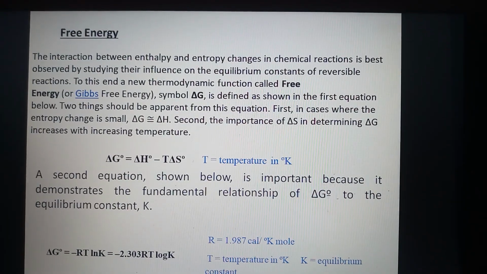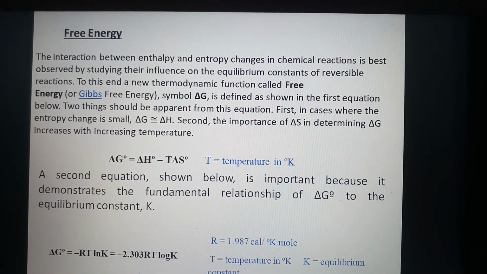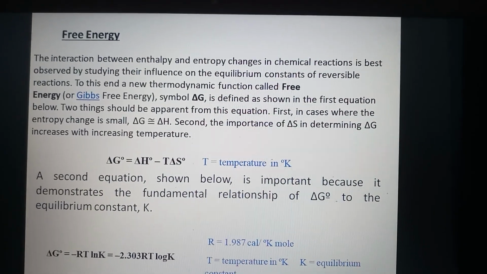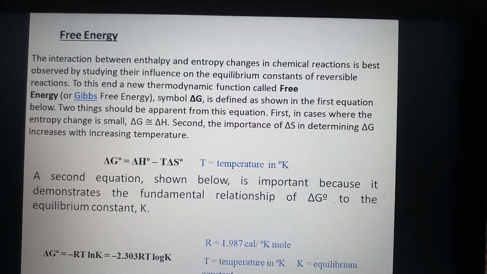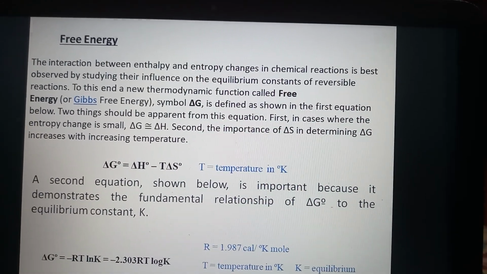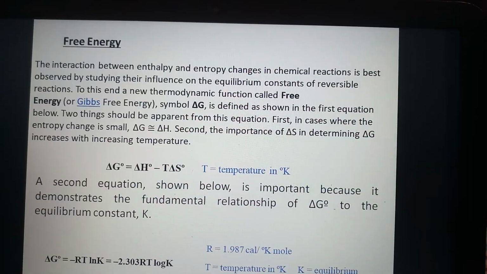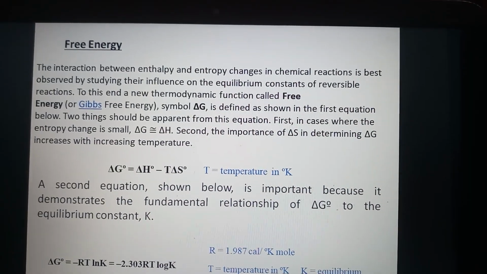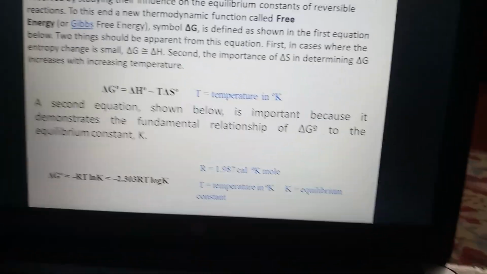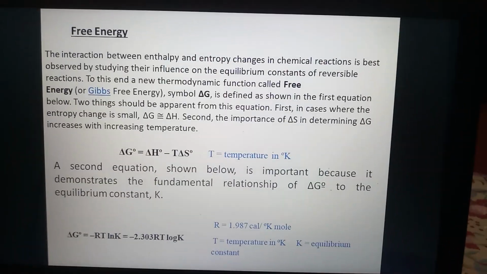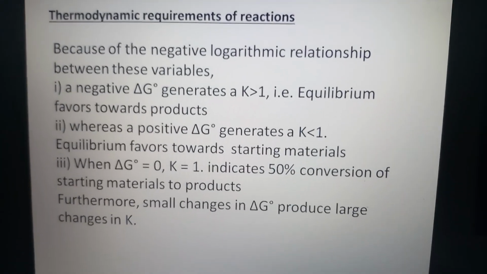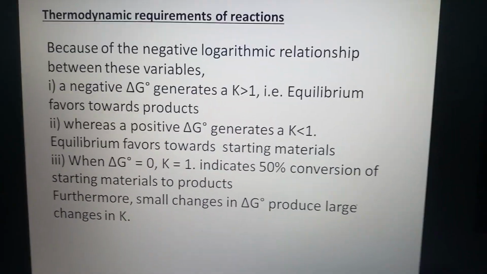A negative delta G0 is characteristic of an exergonic reaction, one which is thermodynamically favorable and often spontaneous. Likewise, a positive delta G0 is characteristic of an endergonic reaction, one which requires an input of energy from the surroundings. Now, the points listed are the thermodynamic requirement of any reaction.